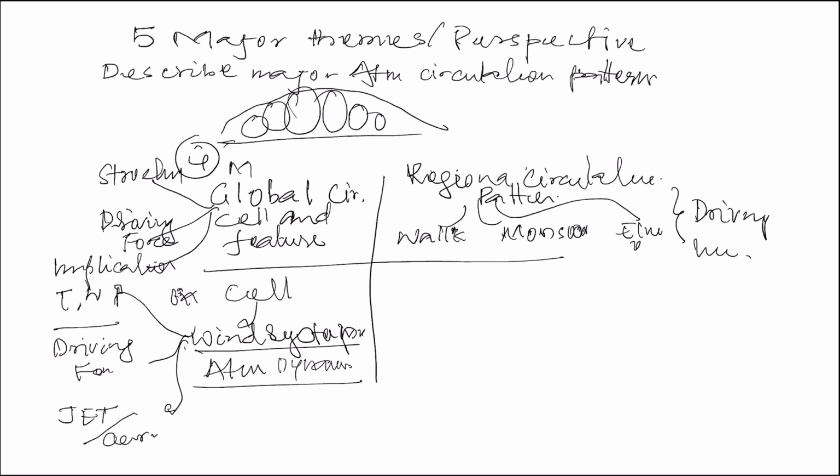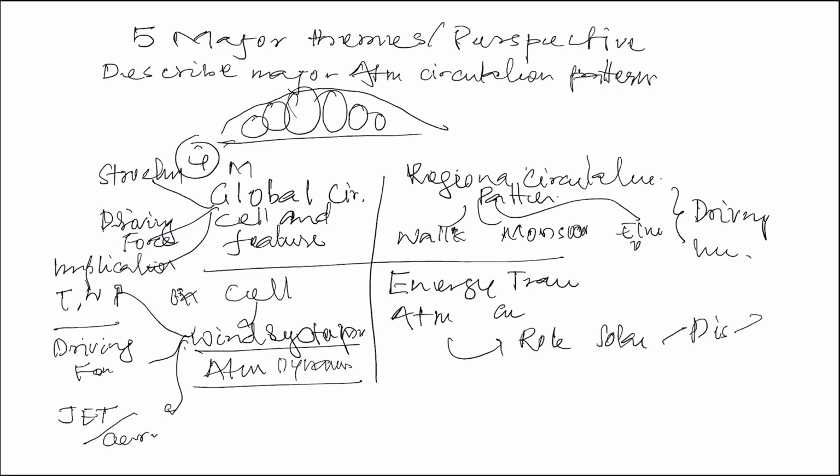Then we are going to see how energy transfer mechanisms take place in the atmospheric circulation: what the role of solar radiation is, how distribution occurs, and what the implications are.